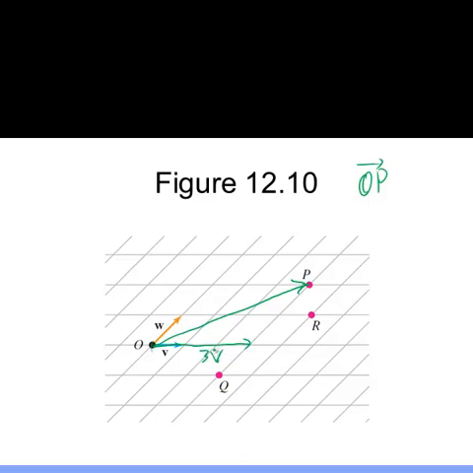So you have 3v here. And then taking vector w and multiplying it by 2. And then adding them together by the parallelogram rule, and you have 2w plus 3v, for example.